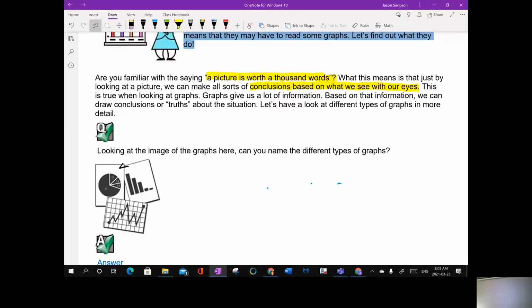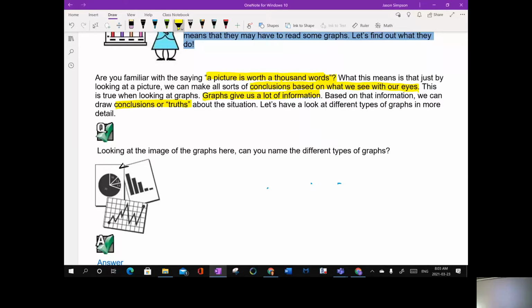This is definitely true when we look at a picture or a graph. Graphs give us lots of information, and based on that information, we can make conclusions, otherwise known as truths, about the situation that we're looking at.